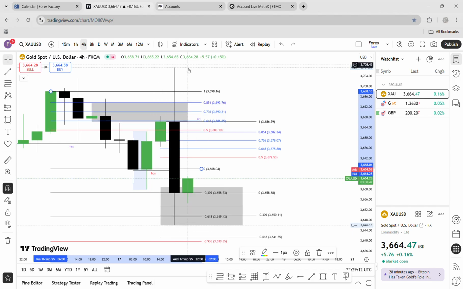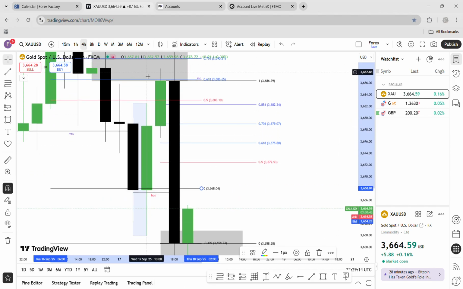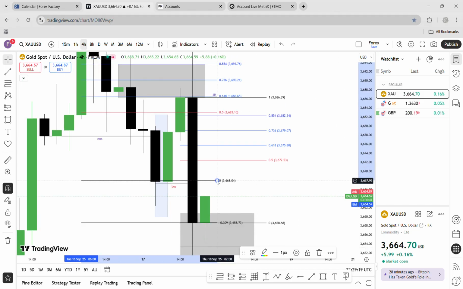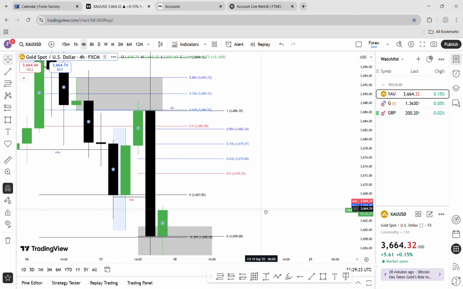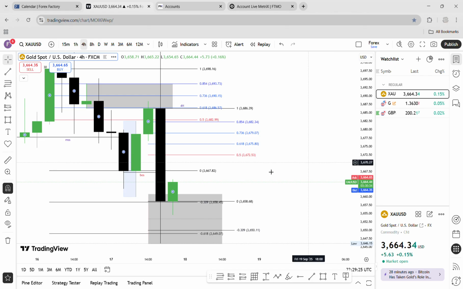Now I'm going to change to candlestick. Price was rejecting the 618, right? On the first one, it was rejecting the 618. Good.